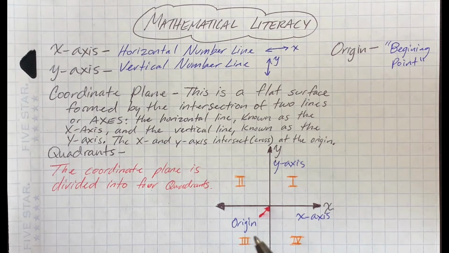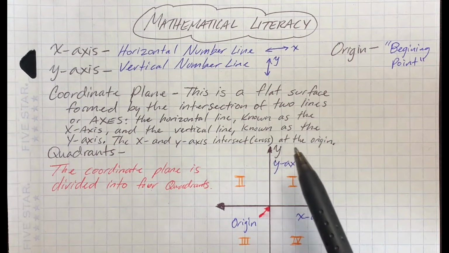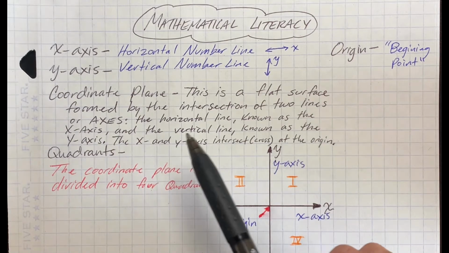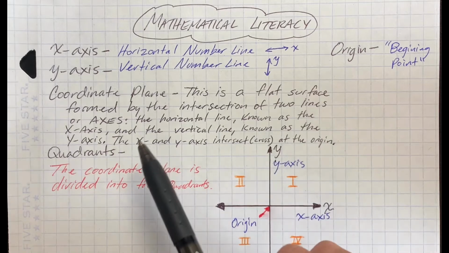Now I'm going to read to you what a coordinate plane is, and then I'll do a demonstration. A coordinate plane is a flat surface that is formed by the intersection of two lines, or axes: the horizontal number line known as the x-axis and the vertical number line known as the y-axis.